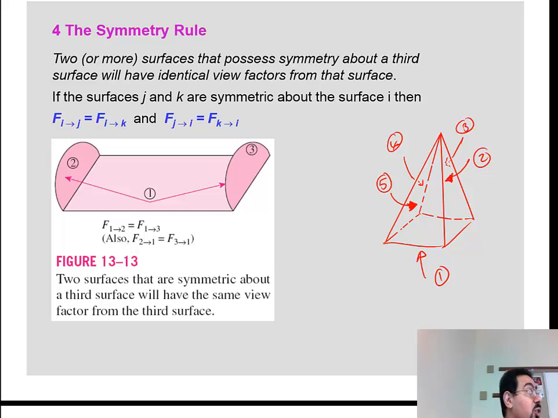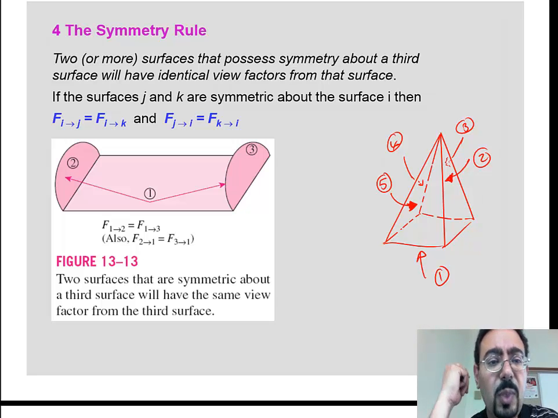But eventually, once you get your hands on the F, the equation just becomes J minus J divided by the R. Or if you take it from the E black body 1 minus E black body 2 over the F resistance and the surface resistance. And that's it. So the hard part is to come up with those F. Right? Especially when you have to use all those rules and not simply the charts.